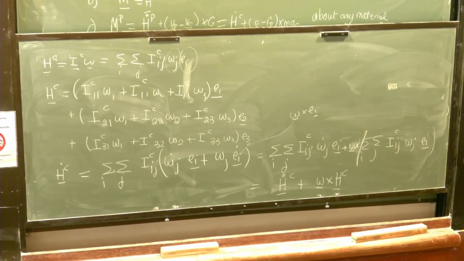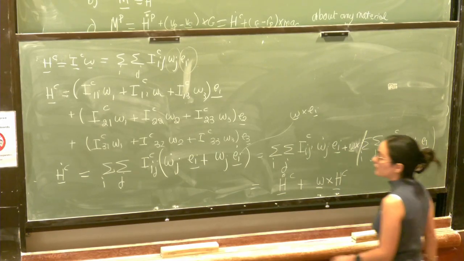And what did the corotational derivative mean? It's the derivative assuming that the basis is fixed. Okay? So here, it's the derivative of the angular momentum assuming that e_j is fixed. So that's the term that's changing due to the change in omega, assuming that the basis vector is fixed. And the other term is due to the change in the basis vectors. Okay? So this is H dot C. This is a general equation that applies in 3D.